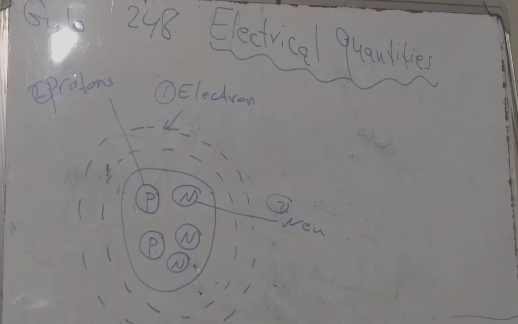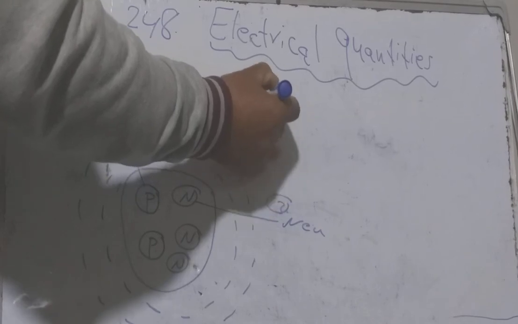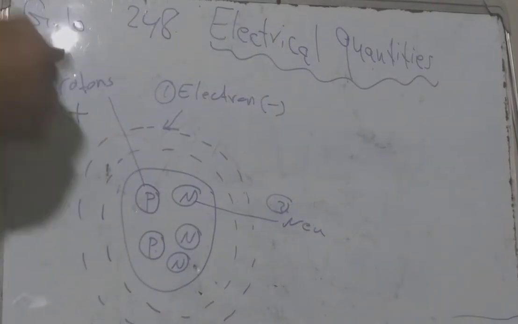As we can see here in this figure, electrons are the smallest of these and have a negative charge. Protons have a positive charge.